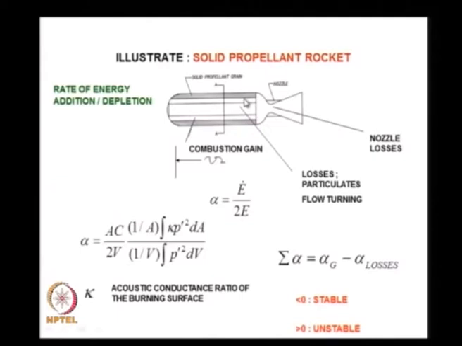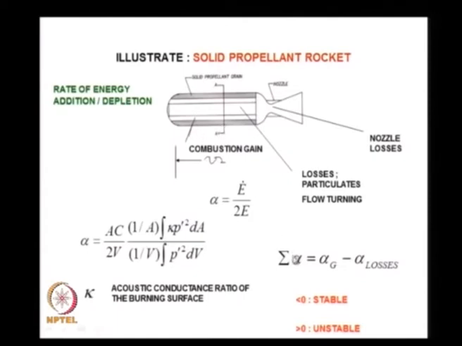Therefore, I have to correlate the growth constant of oscillations in the motor, namely alpha, with what I measure in a T burner. For this case, I define something like an acoustic conductance ratio of the burning surface, and I derive an expression for the growth constant in terms of the energy release per unit time divided by twice the average energy, and then evaluate in a T burner the value of K, substitute it in the expression for the waveform in this, and get the value of the growth constant in the particular rocket motor.